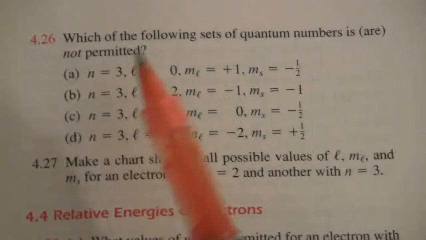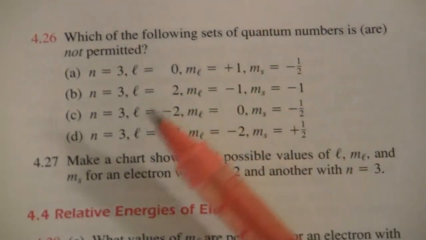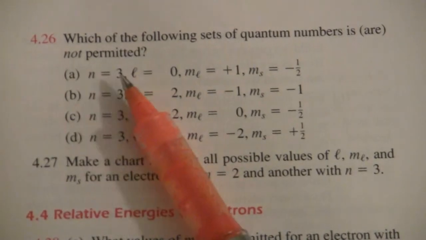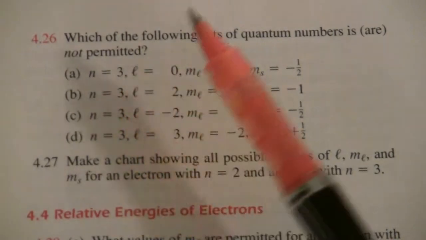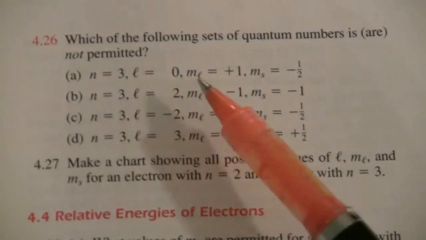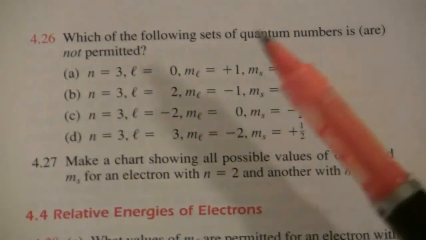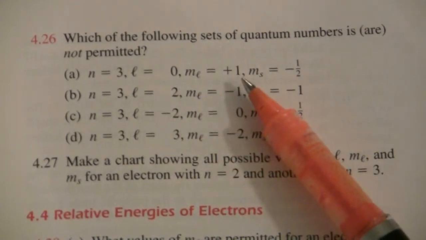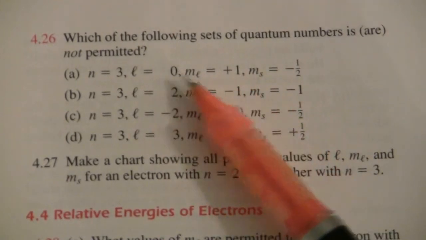I think the analogy that I gave would be useful here. n equals 3, there's no problem with the n as long as it's from 1 or above. l equals 0, so that's like the s wing. m sub l is positive 1. Now here we run into a problem.